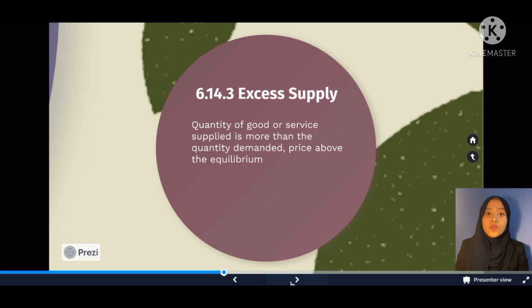That is, the quantity of the products that producers wish to sell exceeds the quantity that potential buyers are willing to buy at the prevailing price. It is the opposite of an economic shortage, like excess demand.